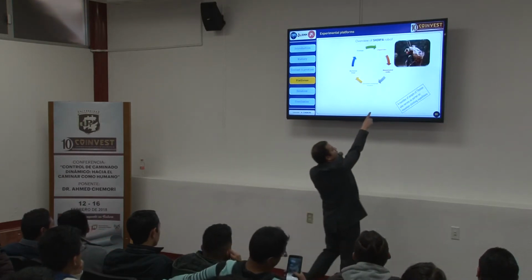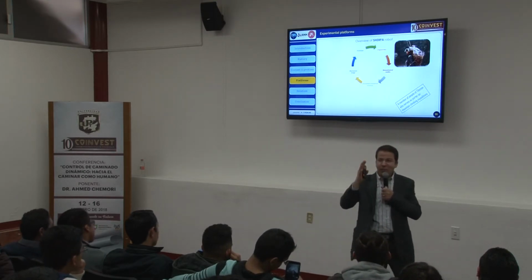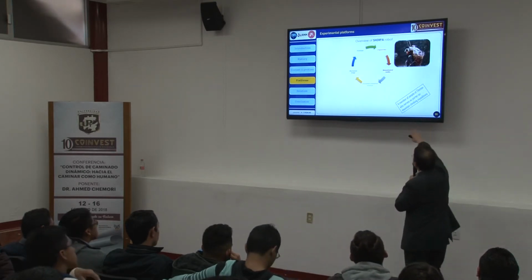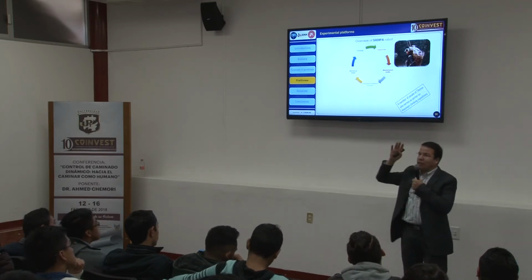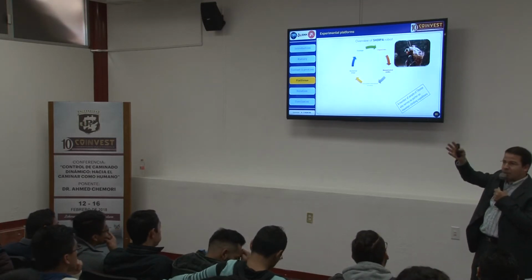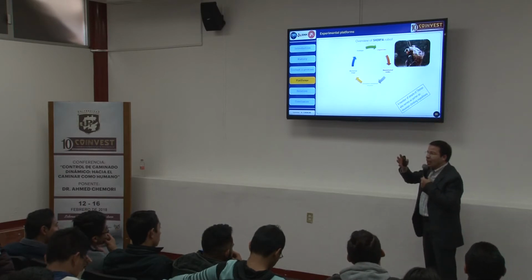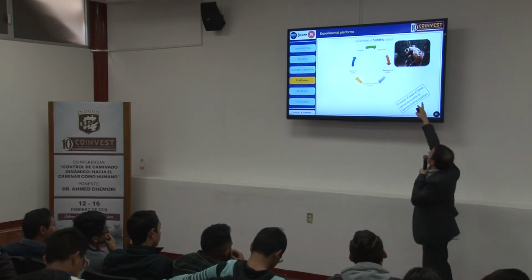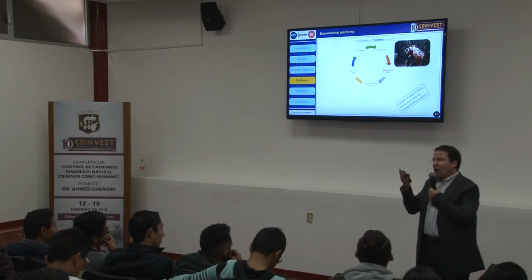A Sherpa is a person from Tibet who serves as a porter in mountain climbing expeditions. They help the expeditors, they are guides, but they have a specificity: they carry loads. This is the idea.